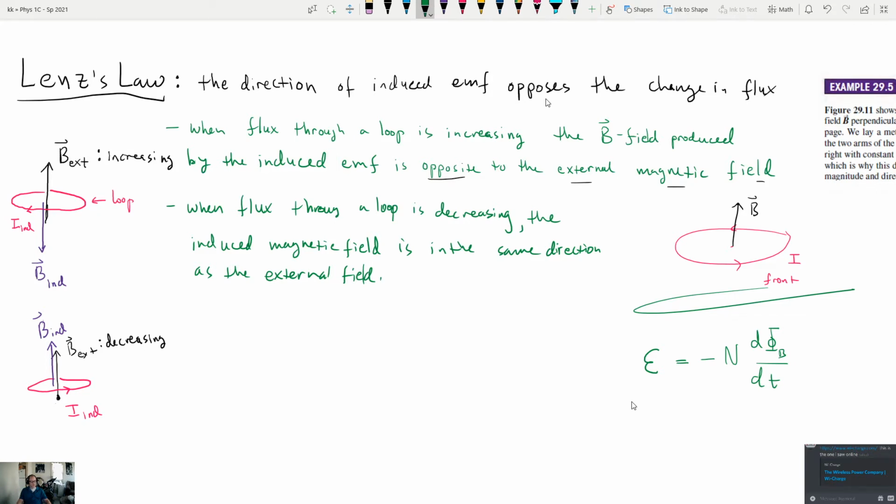Because it's just like gravity. When we talk about gravity in Physics 1a, you can either say the acceleration due to gravity is negative 9.8 meters per second squared, by which you're kind of implying that down is negative, right? Or you can just say g is equal to 9.8 meters per second squared, right? At the end of the day, it means the same thing. We know gravity goes down.